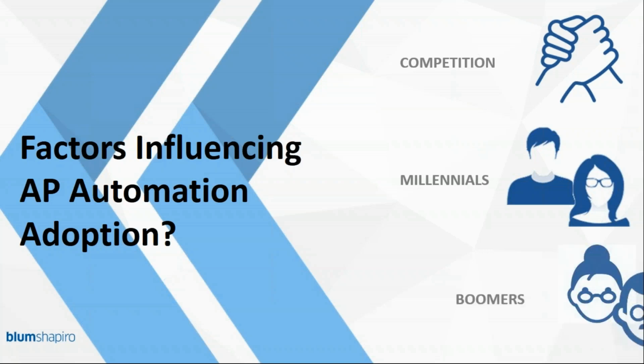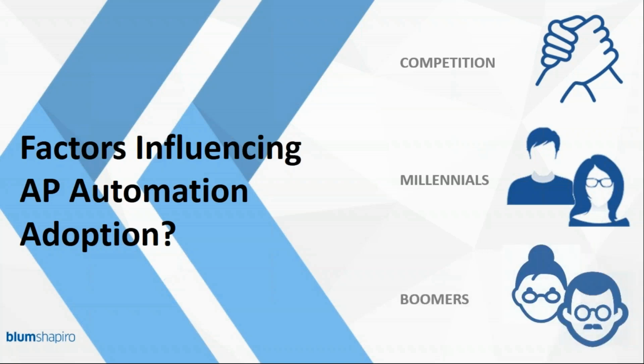And the third influence that I've seen that is really driving the AP adoption is what I consider the gray wave. It's really the number of baby boomers that are retiring. Baby boomers are retiring at an incredible rate. This is a key factor in determining AP automation adoption. As the baby boomer generation of finance workers, think about it, they are literally the last group to universally use manual AP as a process.